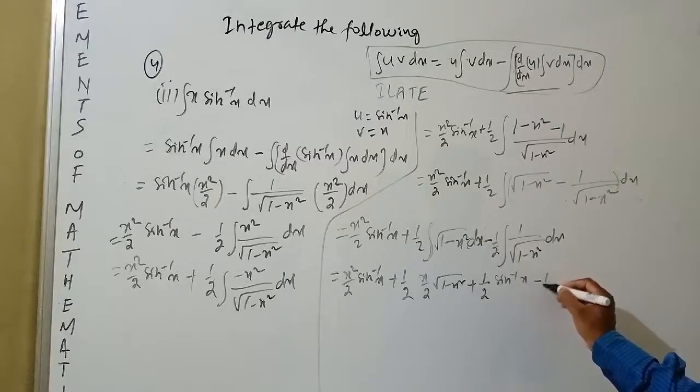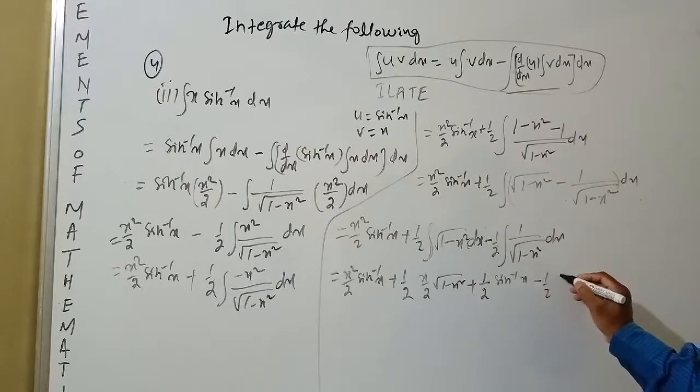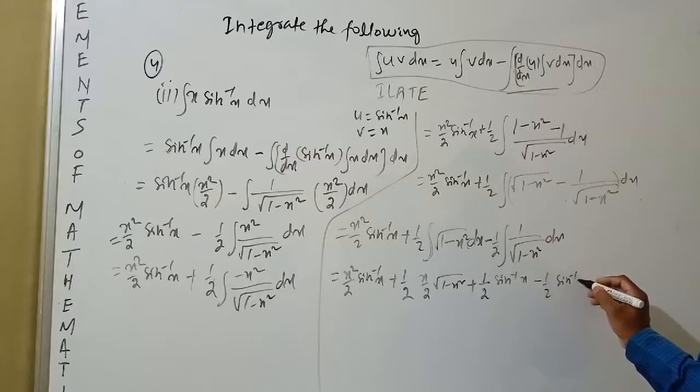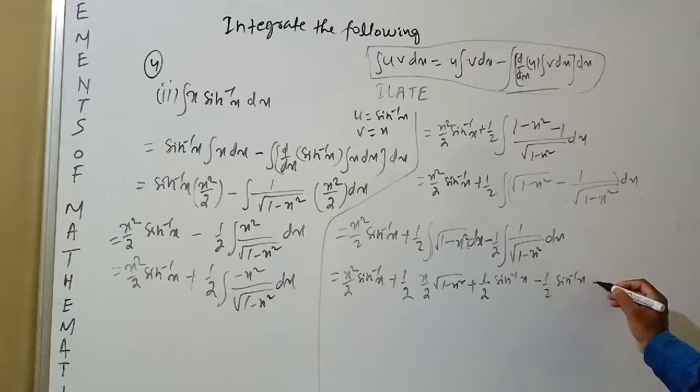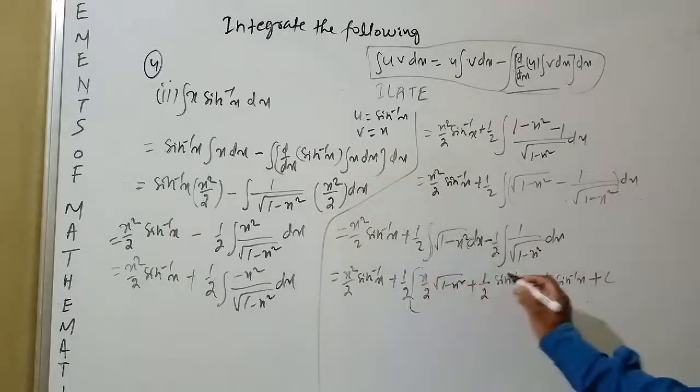Minus half, the integration of 1 by root over 1 minus x square is sine inverse x plus c.